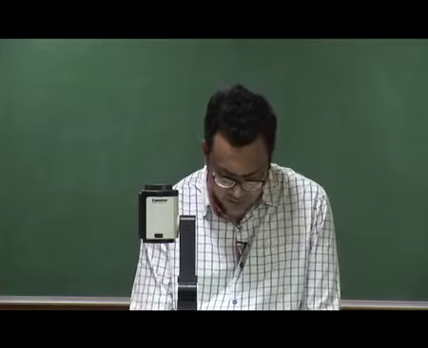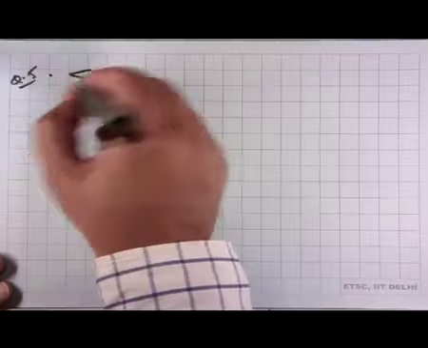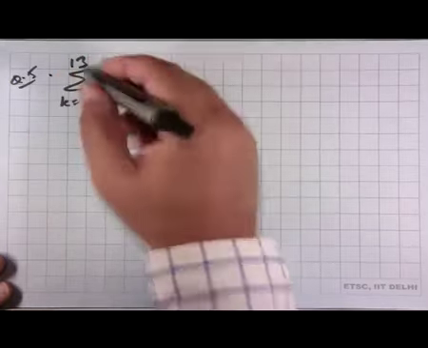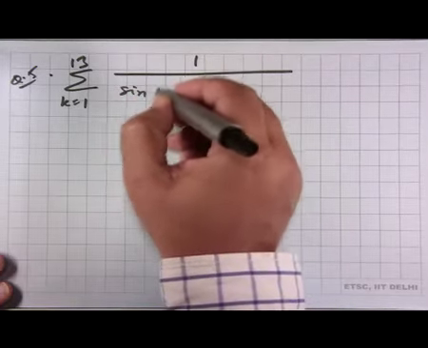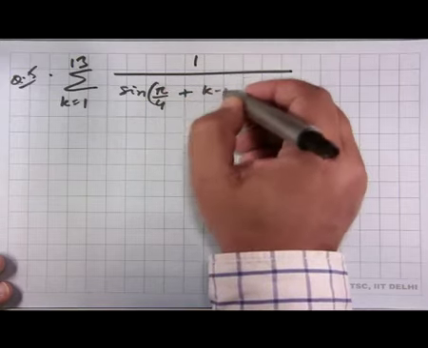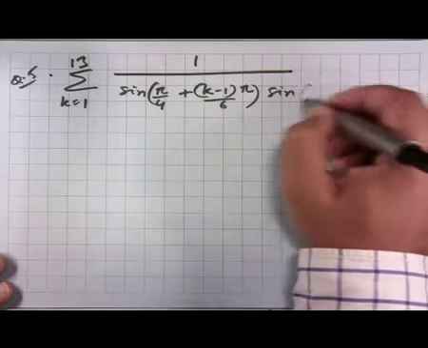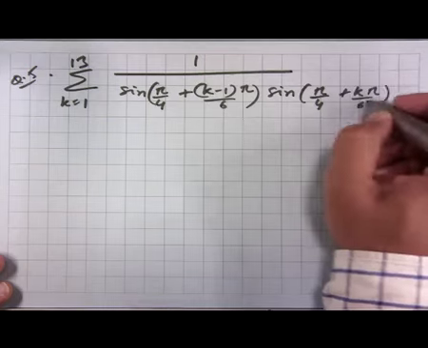So, we are asked to find the value of this summation, which has 13 terms. The kth term is 1 over sin(π/4 + (k − 1)π/6) times sin(π/4 + kπ/6).